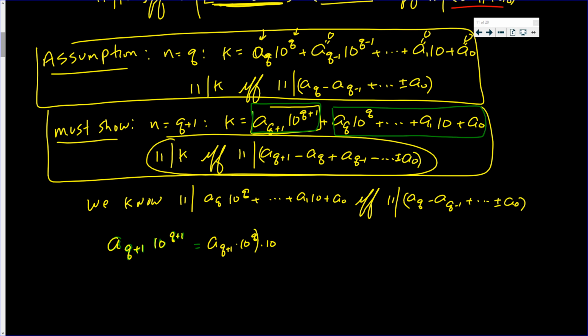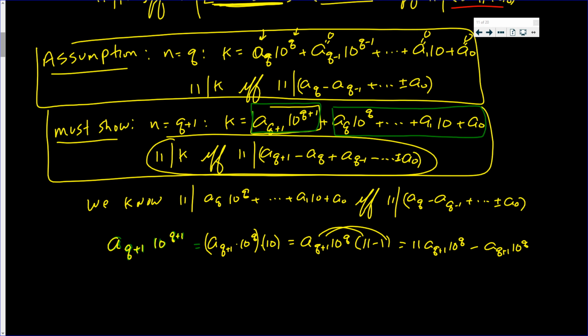In fact, let's even bracket it up like that. But 10 is 11 minus 1. This is a(q plus 1) times 10 to the q times 11 minus 1. Distributing, I get 11 times a(q plus 1) 10 to the q, minus a(q plus 1) 10 to the q.